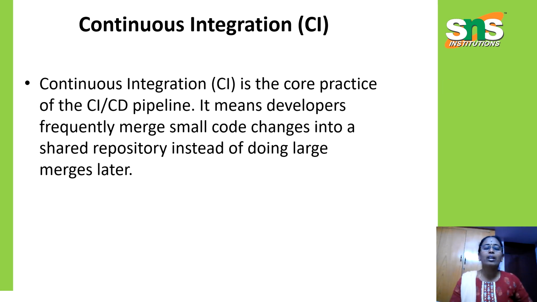Continuous integration: how does it work, and what is the major role of continuous integration in the software workflow? Continuous integration is a core practice of the CI/CD pipeline. It means developers frequently merge small code changes into a shared repository instead of doing large merges later.